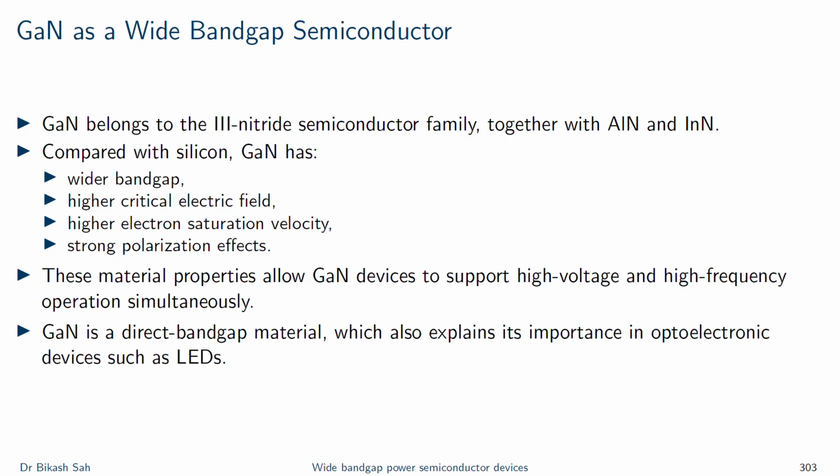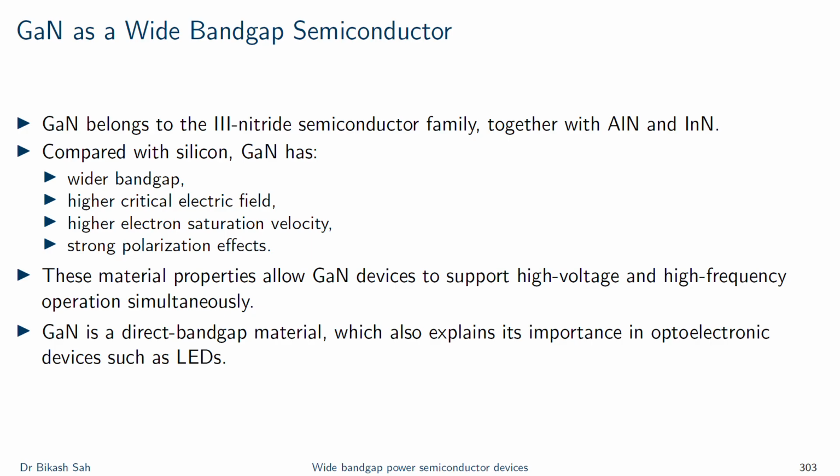The wide band gap gives low intrinsic carrier concentration and better high temperature blocking. The higher critical field allows the device to block voltage over a shorter distance, which directly helps to reduce the resistance and the capacitance. The high electron saturation velocity means that carriers can move fast under a high electric field, which is really crucial when we want to switch in nanoseconds.